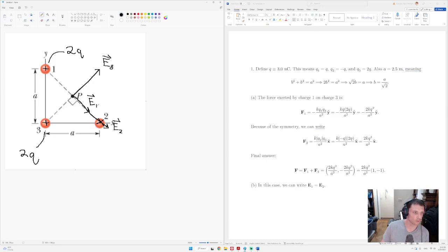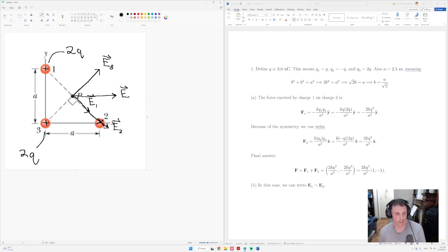We don't even need to solve for the y component of the net electric field because we're going to have a cancellation in the y direction. So my net electric field is going to look maybe like this. It's only going to have an x component. This is my net electric field.